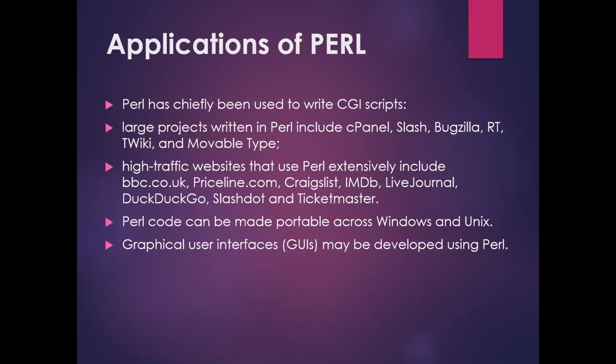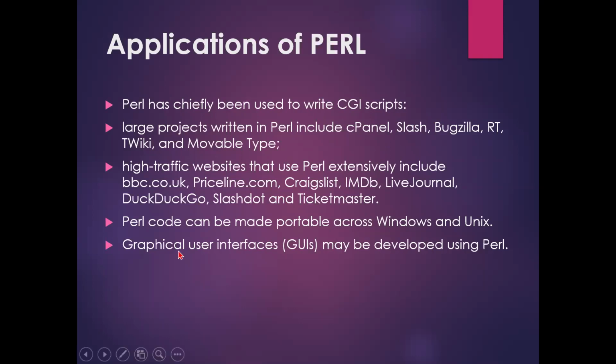Now let's see what the applications of Perl are. Mainly, Perl has been used to write CGI scripts. CGI stands for Common Gateway Interface. The large projects written in Perl include cPanel, Slash, Bugzilla, RT, TWiki, and Movable Type.